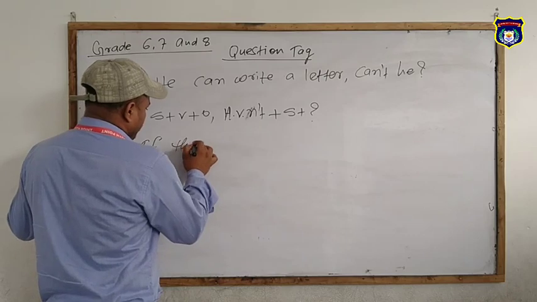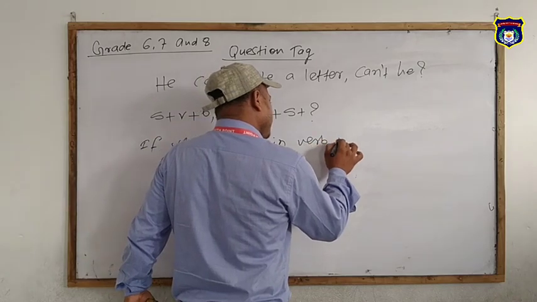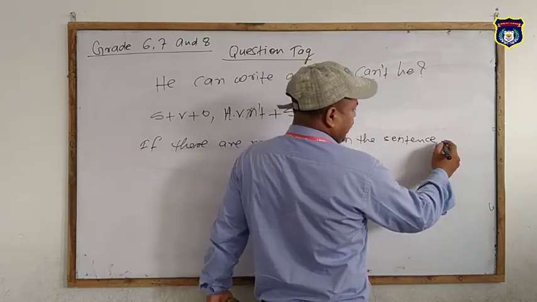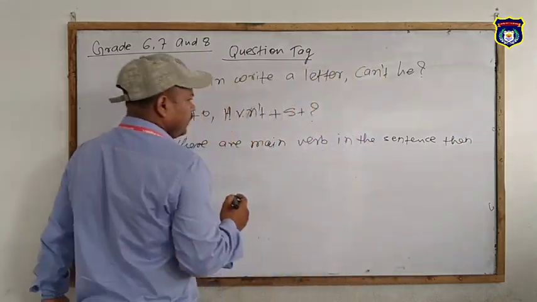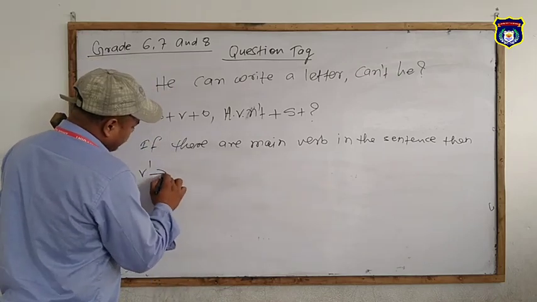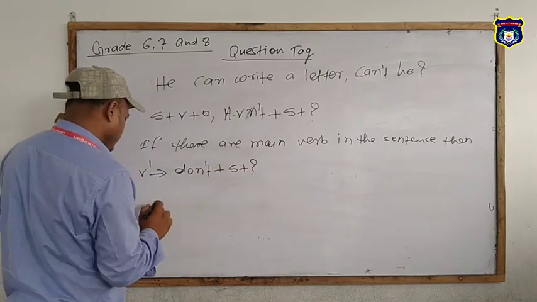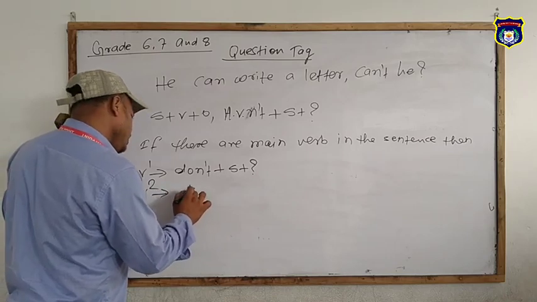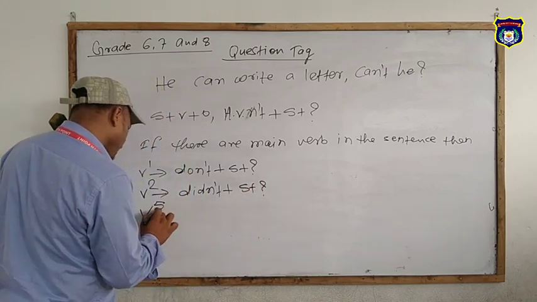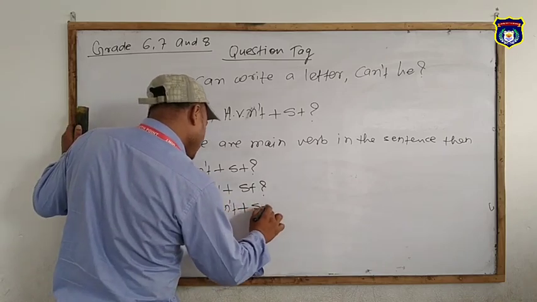If there is a main verb in the sentence, then: V1 don't plus subject question mark, V2 didn't plus subject question mark, V5 doesn't plus subject plus question mark.